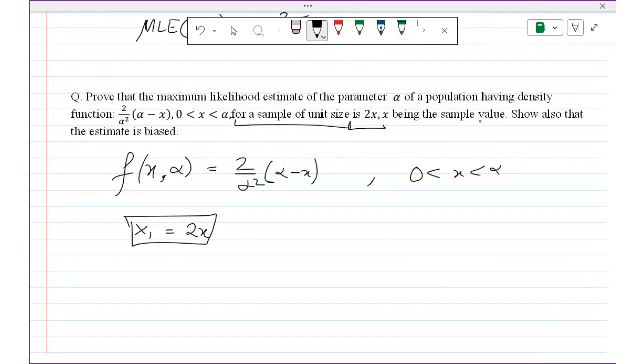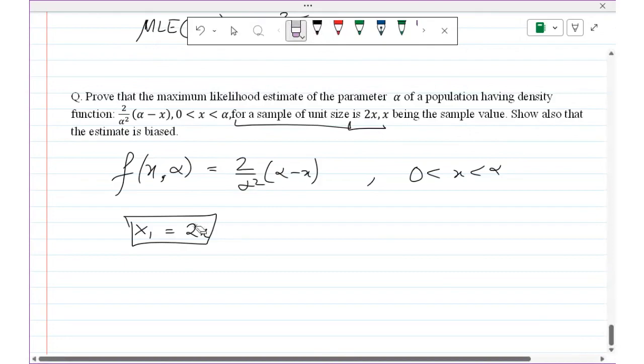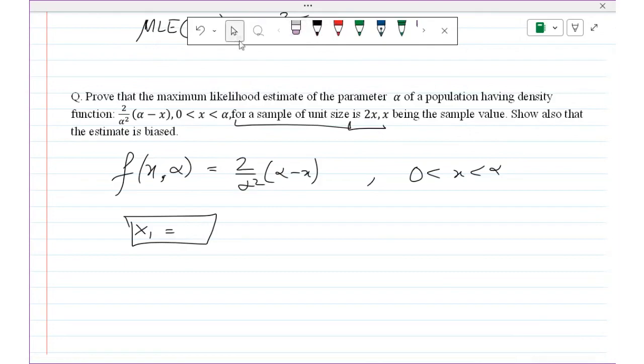We have to show that the maximum likelihood estimate of parameter alpha, MLE of alpha, having this density function, for a sample of unit size, is 2x. So we have to show that MLE of alpha is 2x.